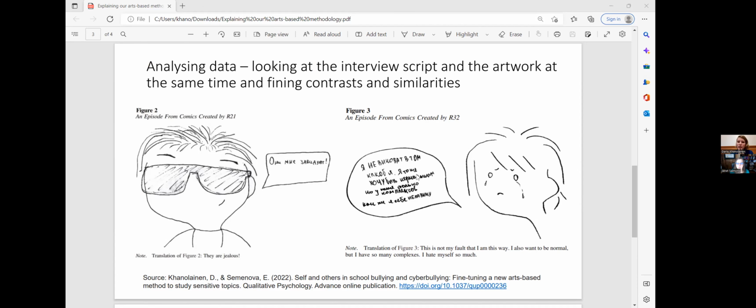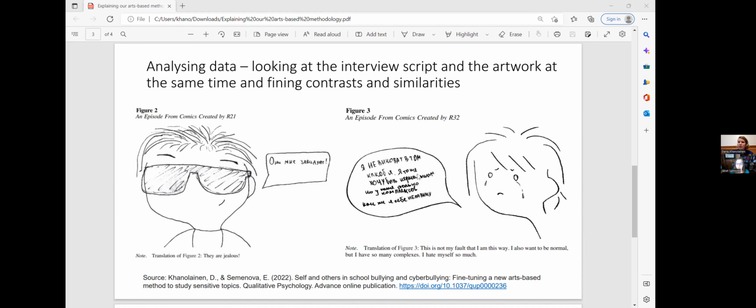What was important was not to use the word bullying at all throughout the interview. We only used it at the very end, to see the definition of bullying of a specific participant. What often happened is that some participants would report having been bullied but wouldn't use the word bullying.